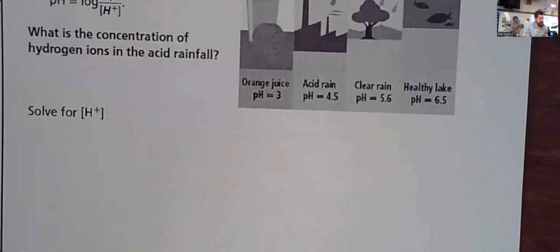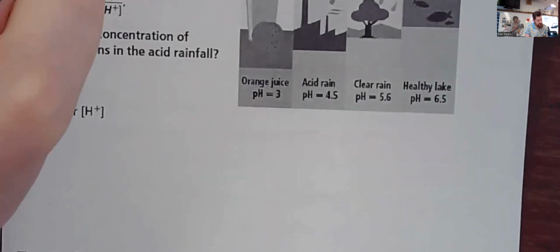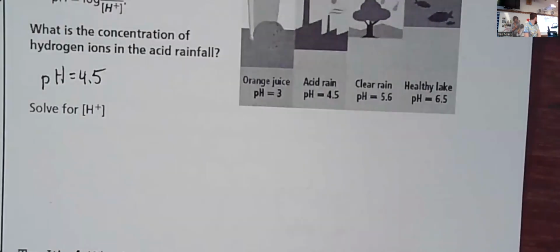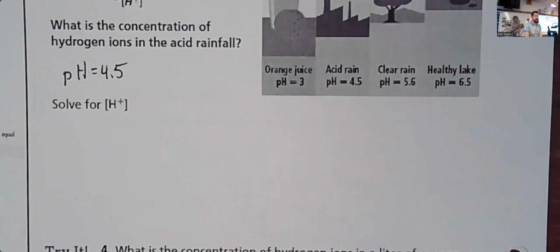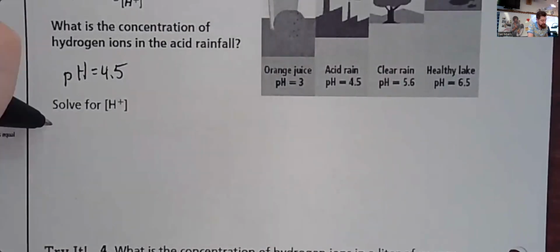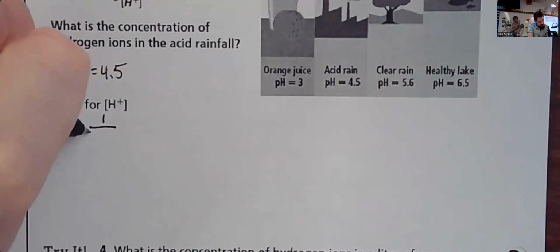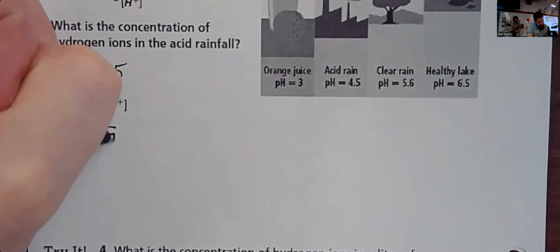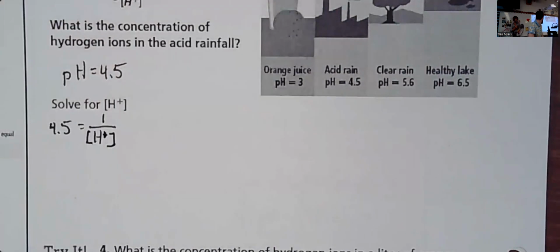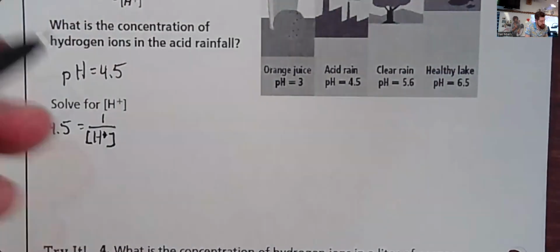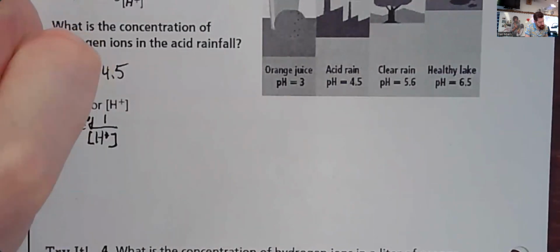So let's just say pH equals 4.5. Now we're solving for H plus, so that's going to be 4.5 equals the log of 1 over H plus. Sorry, I'm going to rewrite that.